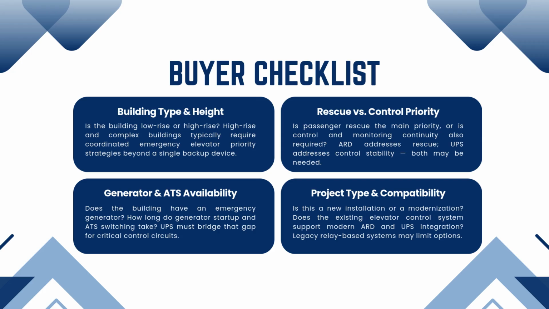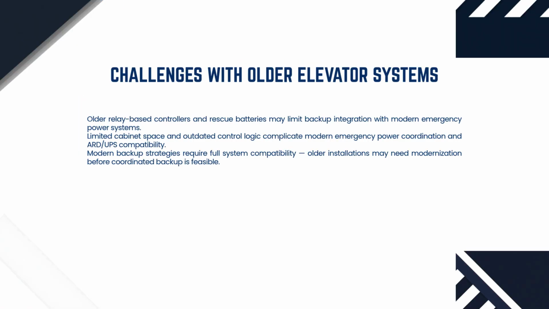The article also explains that modern buildings often coordinate other systems: UPS infrastructure, emergency generators, ATS switching, and selective elevator prioritization together. The useful engineering point is this: ARD and UPS are not competing technologies. They work at different layers. ARD addresses rescue movement. UPS addresses control continuity. Generator and ATS systems address broad building emergency power supply.